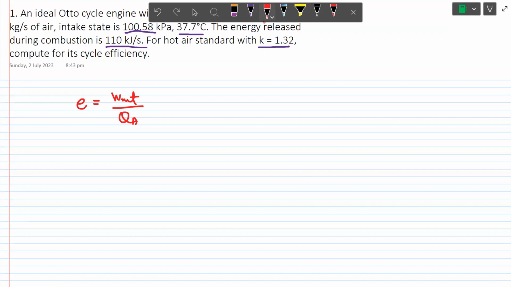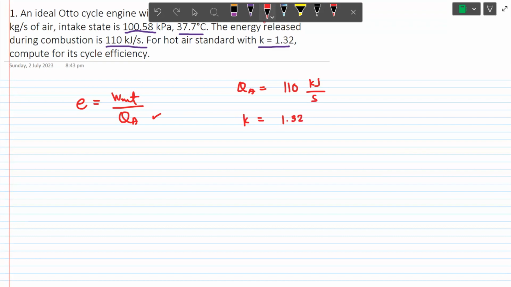The energy that is always released during combustion is QA. So, that means QA is 110 kilojoules every second. And then, you are given k of 1.32.